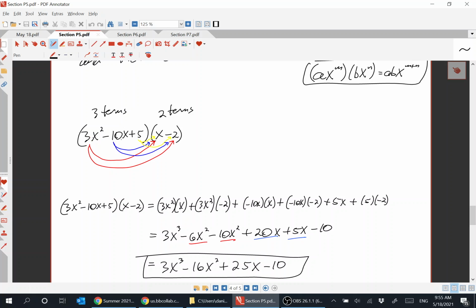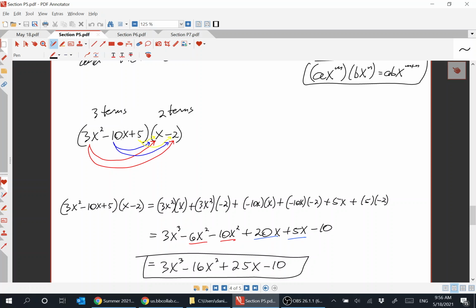A monomial has just some power of x multiplied by a real number, and then you add so many things together to get a polynomial. So you get 3 terms in one polynomial, 2 terms in another polynomial, and you want to multiply them together. You multiply each term in the first by each term in the second, right? 3 terms here, 2 terms there.